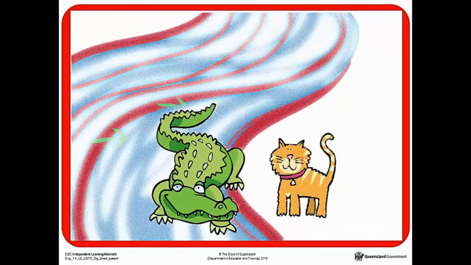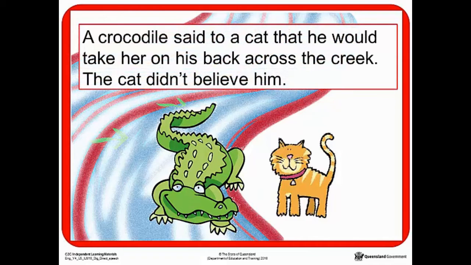Let's have a look at a crocodile and a cat. A crocodile said to a cat that he would take her on his back across the creek. The cat didn't believe him. Does this exchange between the crocodile and the cat grab your interest? Does this introduction provide any information about the characters? Well, no. We only know that it is a crocodile and a cat, but we don't know very much about them.